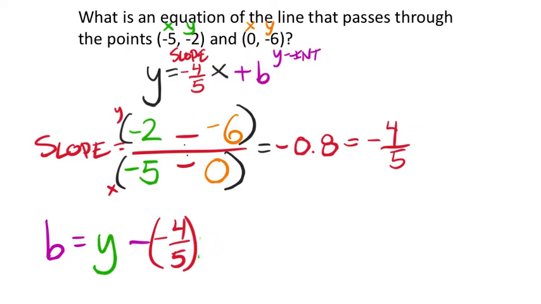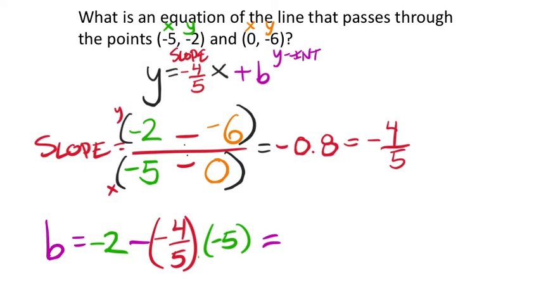The x value in that green ordered pair, as we've seen already, is -5, and its corresponding y value is -2. So I take the y and replace it with -2, and then I just put this into the calculator. It should tell me right away what the y-intercept is.